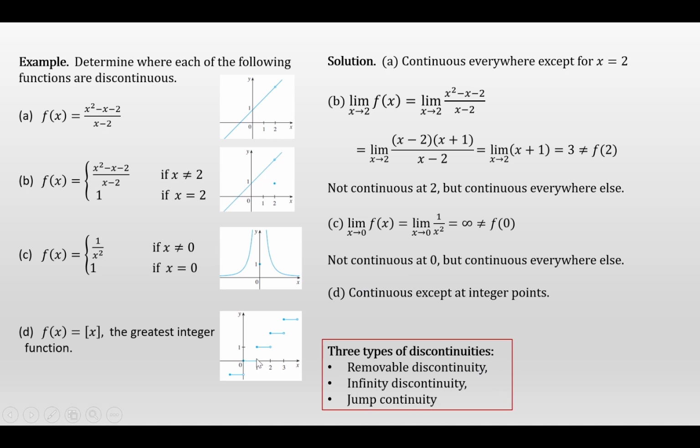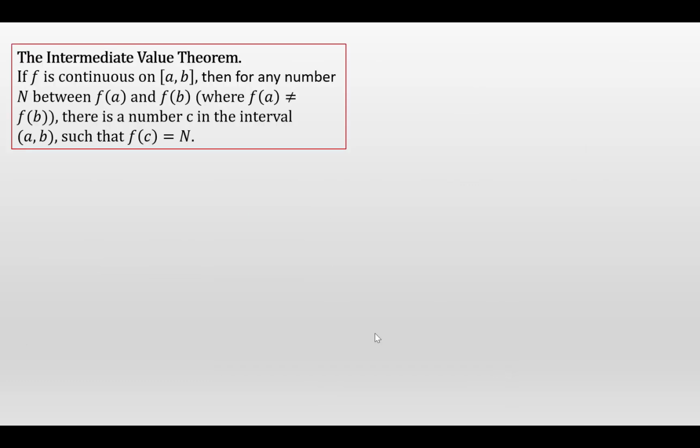Basically, the left limit and the right limit don't match, so there's a jump at this point. All right. So those are 3 different types, but there are some other weird types that we won't go through. Here is the most important theorem for continuous functions, the intermediate value theorem.